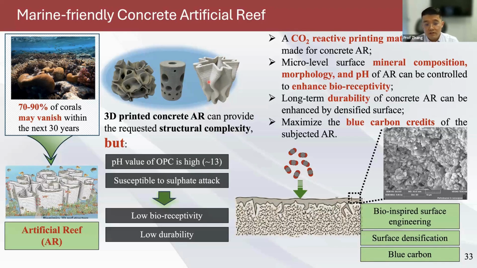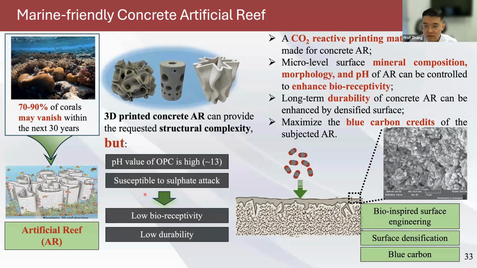First of all, the pH value of OPC concrete is quite high, it's 13, compared to the ocean, which is 8.1, 8.2. So it has a low bioreceptivity. The whole purpose of putting in an artificial reef is to let more oysters and corals settle on it. And second, concrete is susceptible and vulnerable to sulfate attack, which can lead to low durability.